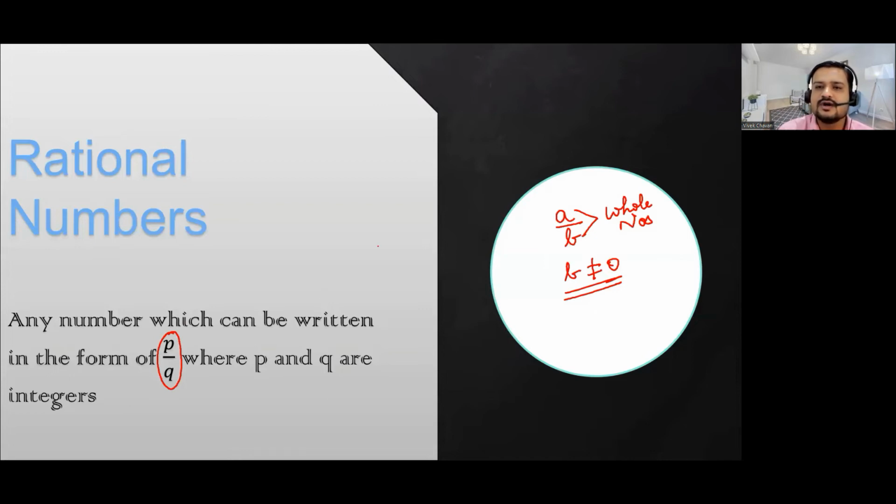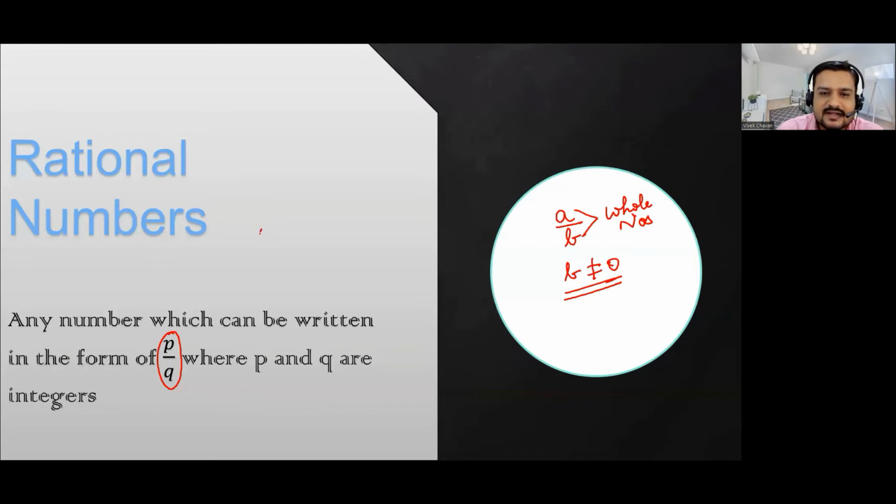Okay, so when will we get a positive rational number and when will we get a negative rational number? Yes, do you have an idea for this? Both have the same sign. Yes, Ashish, it is correct.